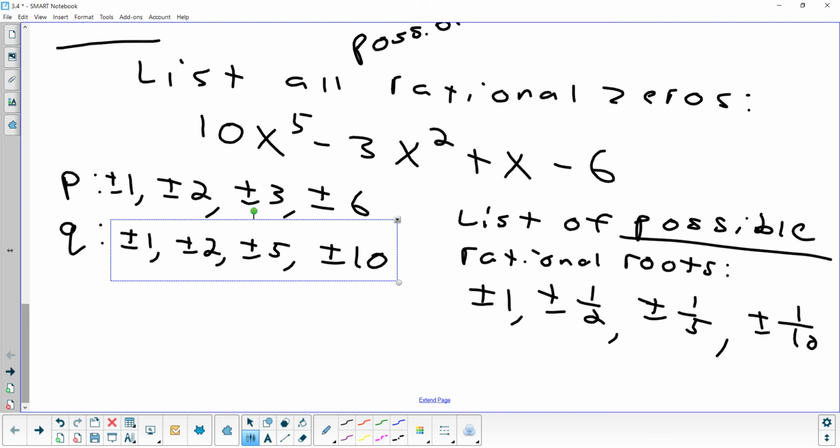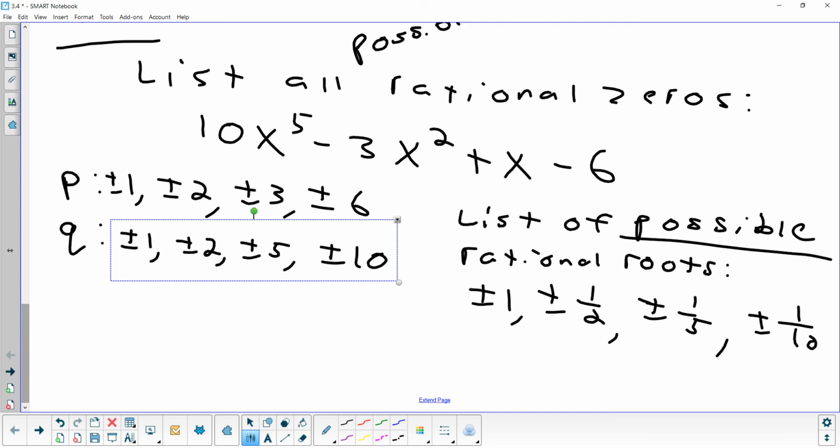So if this graph is going to have a rational root with a 1 in the numerator, then it would have to be one of those numbers. Which one? Well, we'd have to check that out using the calculator. But at least we have areas to check out.